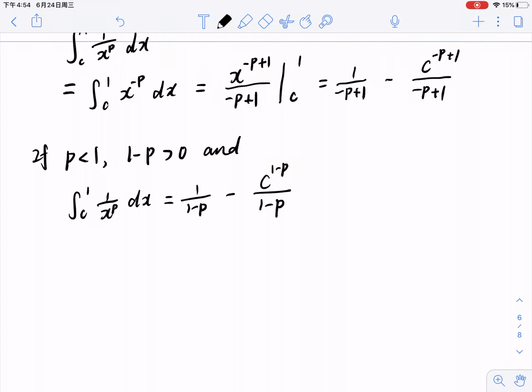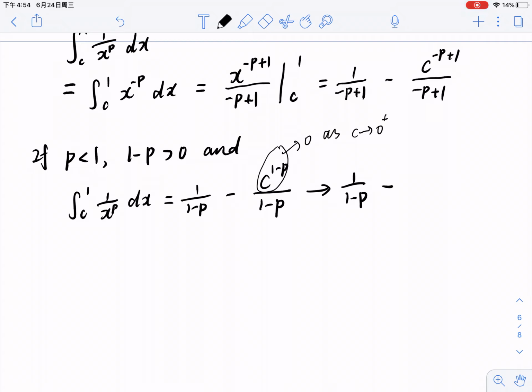The first term is constant. As c goes to 0 from the right, c to the 1 minus p goes to 0, since 1 minus p is positive.